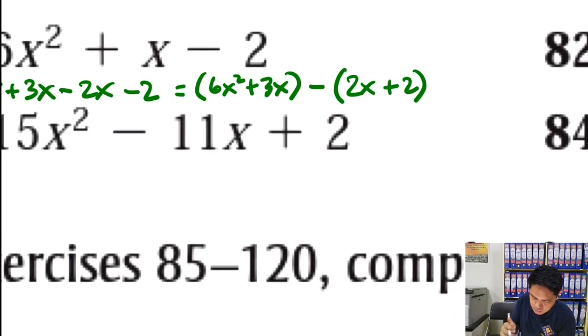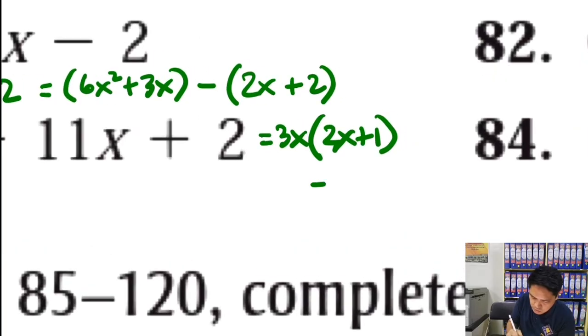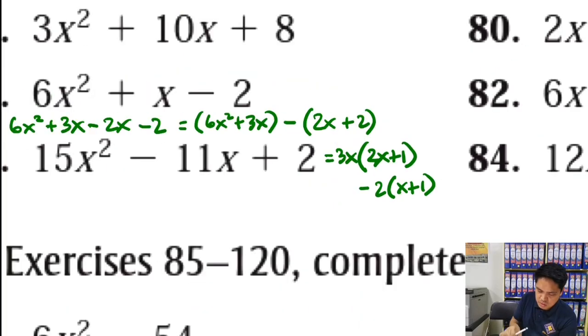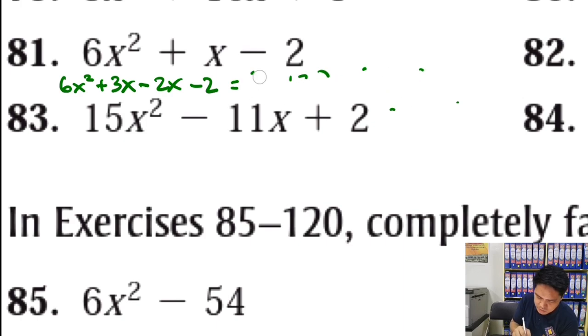So, from here, I could factor out 3x, right? Common yung 3x. Could factor that out. So, yung may iwan dito is 2x plus 1. Minus dito, 2 yung factorable dito. So, that would be x plus 1. So, di siya pwede. Sorry. Di siya pwede. So, let's try a different one.